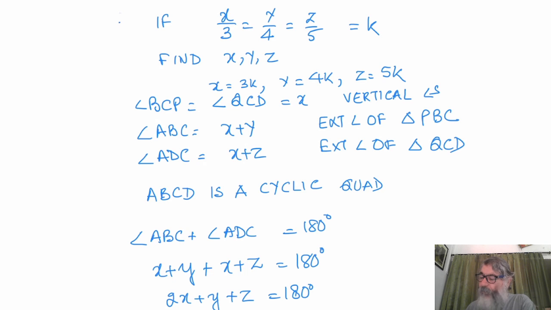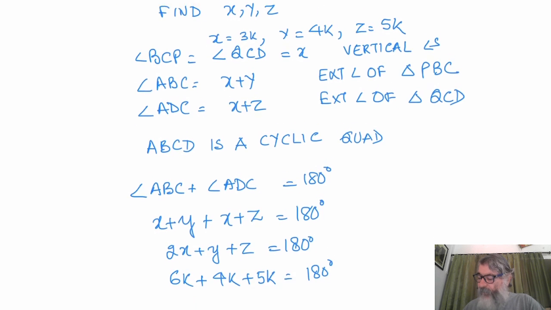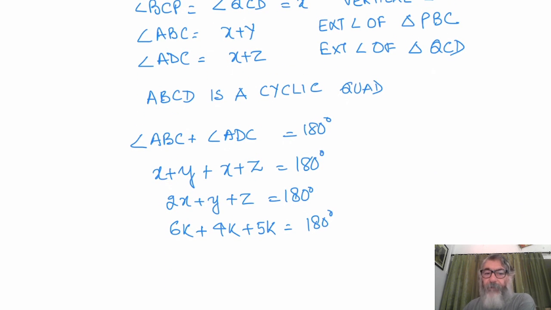We put the value of x, y and z in terms of a constant k, because the ratios were given equal. If the ratios are equal, they are going to be equal to something, let's say constant k. We calculated x, y, z in terms of the constant k, and then we put all these values: 6k plus 4k plus 5k, that is 15k, is equal to 180 degrees.